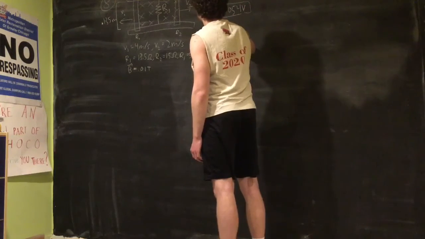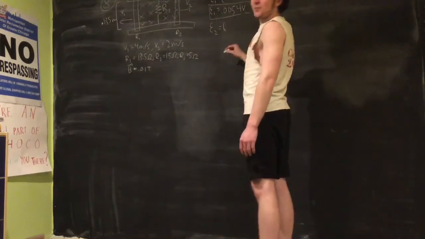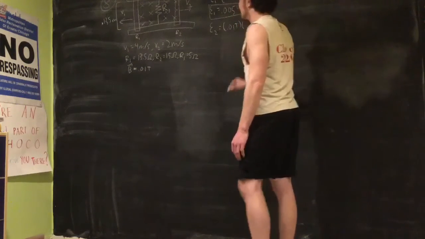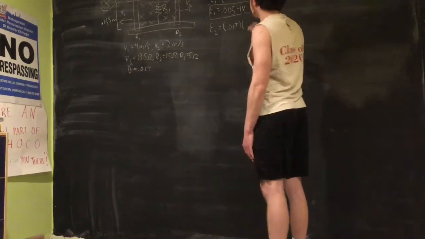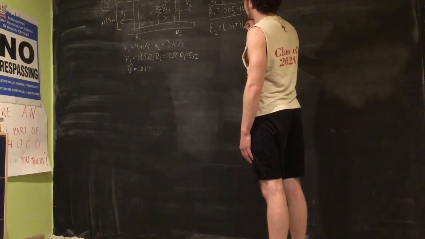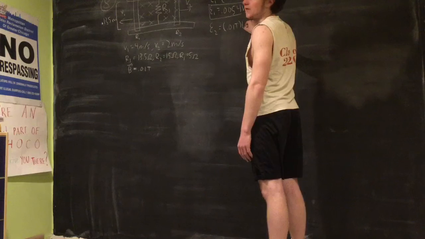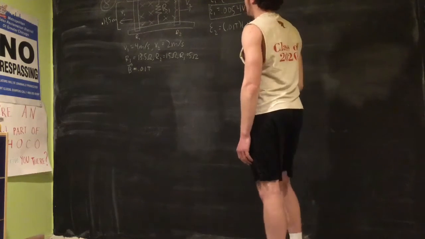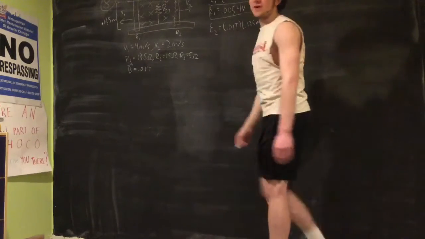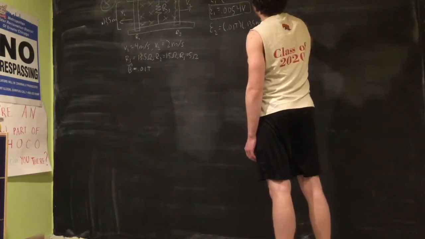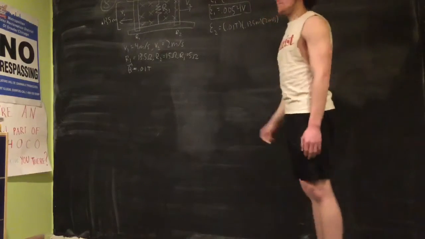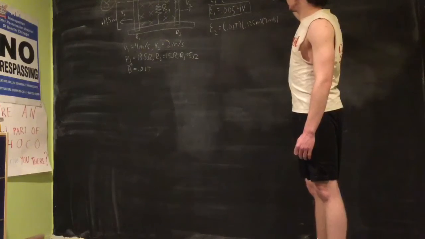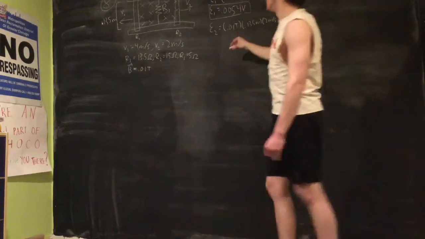Now we just gotta do E sub 2. What's B? 0.01 teslas. What's the L, the length of the second rod? It's the same L, 0.135 meters. And what is the velocity of rod number 2? 2 meters per second. Since everything is the same except the velocity, 4 versus 2, we divide by 2.